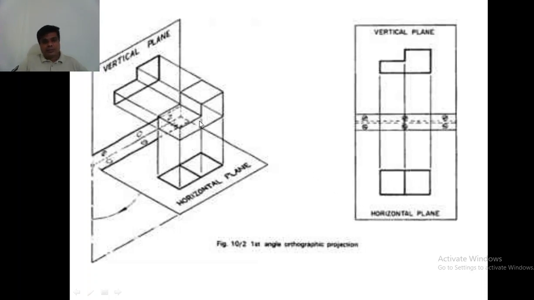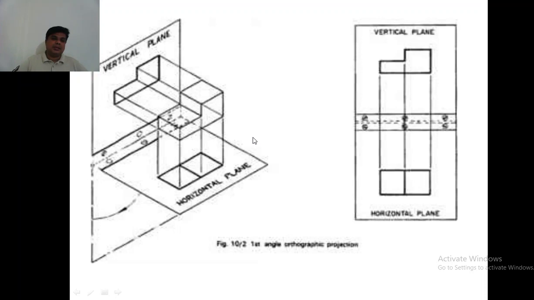And here you can see the object is kept here, and assume that you are seeing it from here, that is from the front of this object. And suppose this is light, or you are observing it.